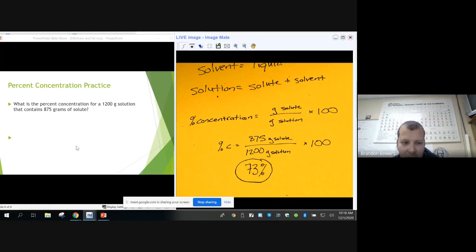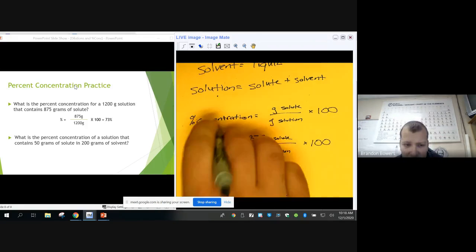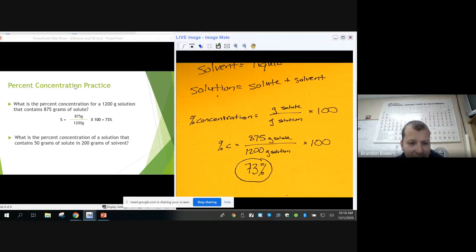So let's try one more. What is the percent concentration? So once again, we're using this equation of a solution that contains 50 grams of solute and 200 grams of solvent. Okay, so let's write out our equation again.